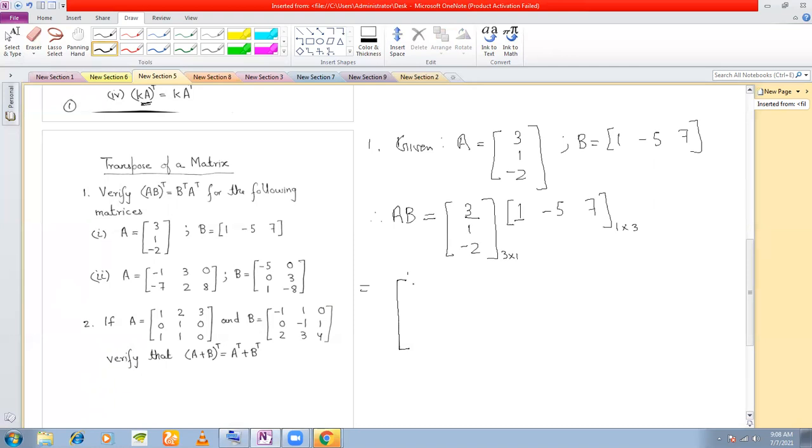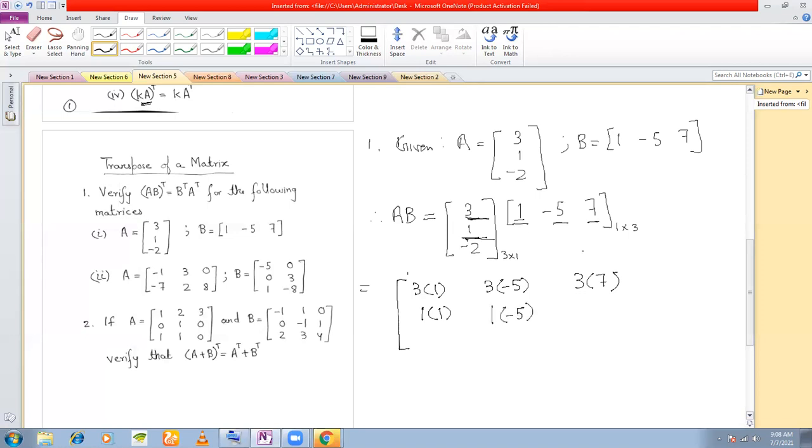First row, first column. So I get 3 into 1. Next, first row, second column. So 3 into minus 5. Next, first row, third column, so write in the 1, 3 position, 3 into 7. Next, second row, first column, write in the 2, 1 position. So 1 into 1. Second row, second column, so 1 into minus 5.